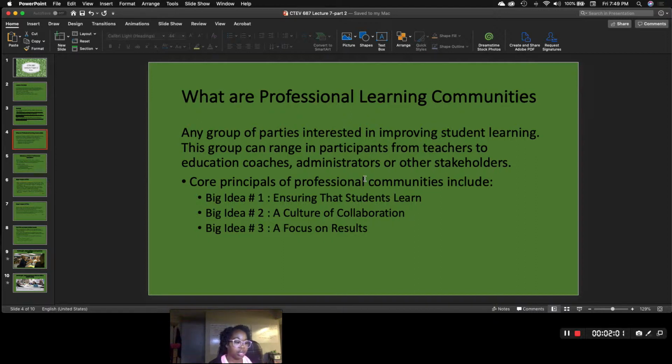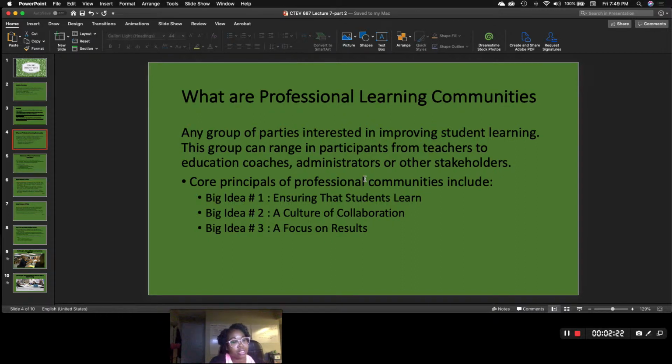There can be a combination of folks together. Usually there are coaches, administrators, teachers, even parents. Sometimes they join professional learning communities, but there can be other people who have a genuine interest and who have been given permission to give their feedback and be a part of the process of improving student learning.